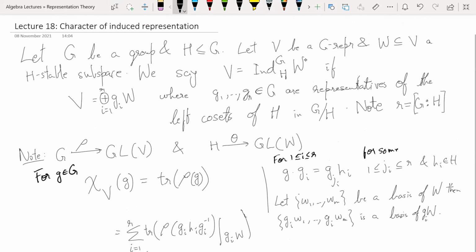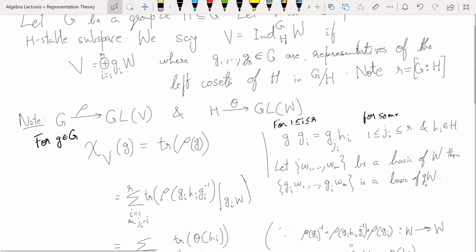Now, if j1 happens to be different from 1, then of course that piece will not contribute to the trace, right? Because the trace only looks at the diagonal components, so the diagonal entries of the matrices.